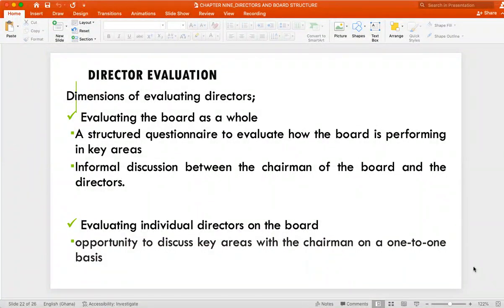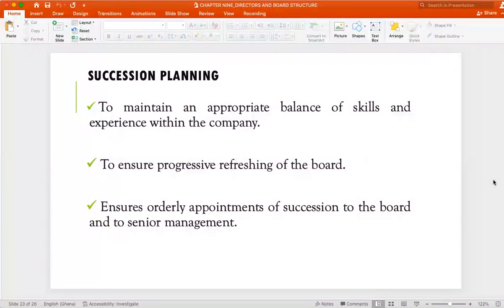And that will help you to know who you should let go as far as the growth of the company is concerned, in terms of the directors that you need to help you grow your company. Okay. So there is room for director evaluation to make sure that directors perform well.